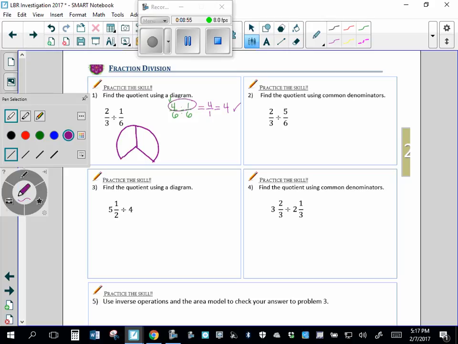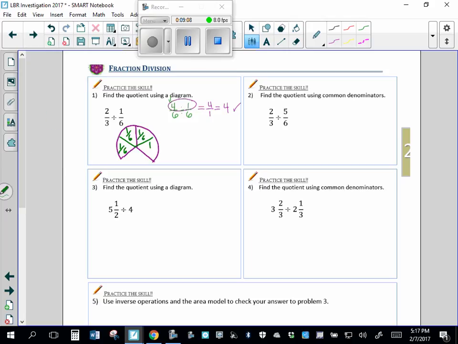And then I'm going to ask myself how many sets of 1/6 are in 2/3. So I'm going to divide that into 6. That's a 6. So there's 4 sets of 1/6. And then this is a check.